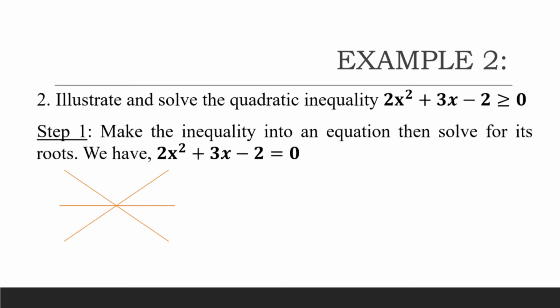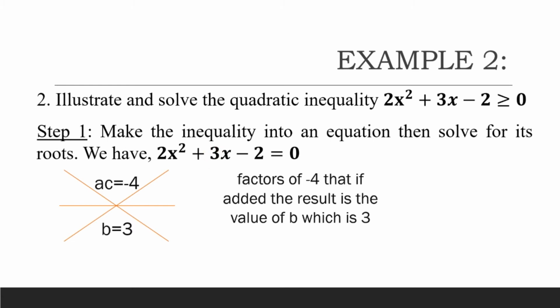The first step that we have to do is to find the values of a and c, then multiply them. So I have here ac equal to -4. The value of a is +2 times the value of c, -2. That gives us -4. Next, the value of b is +3.